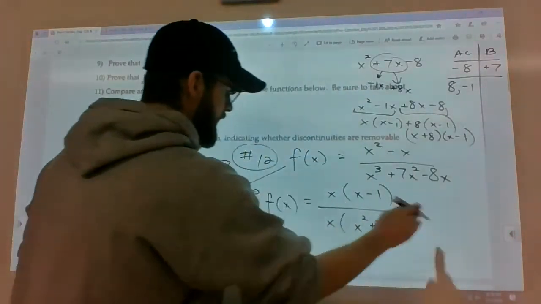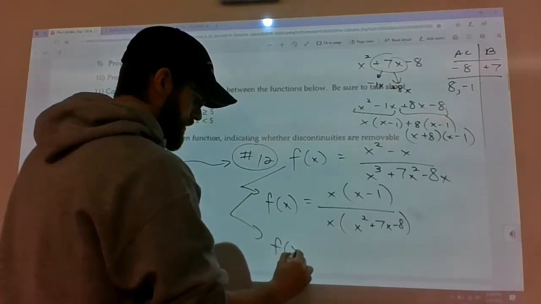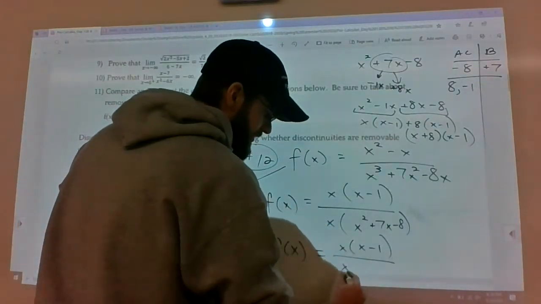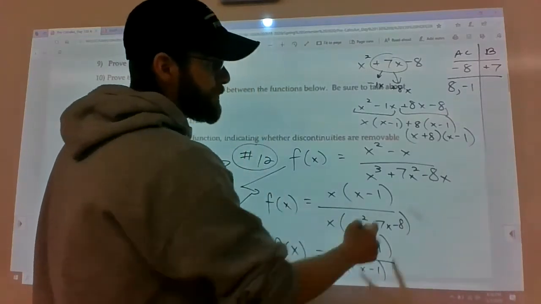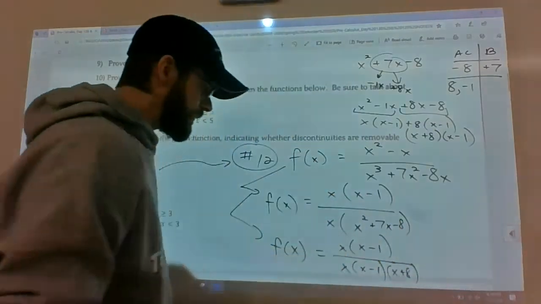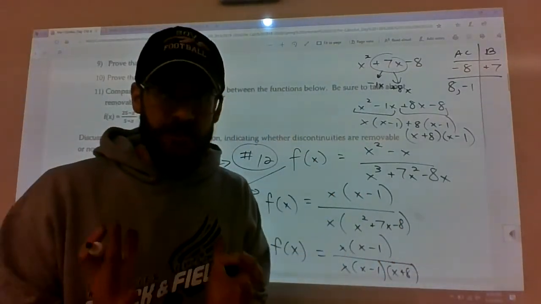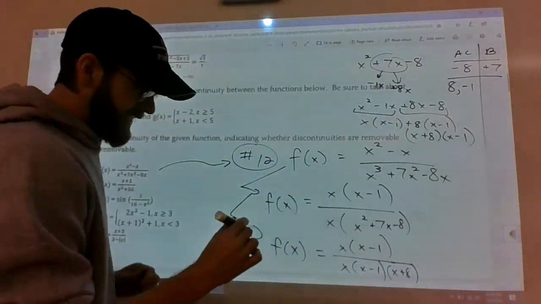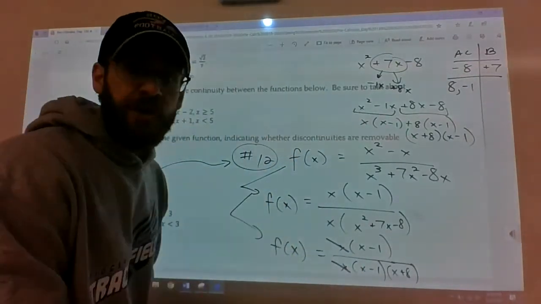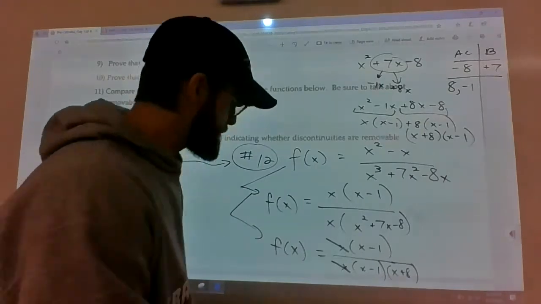So then you get x times x minus 1 over x times x minus 1 times x plus 8. Which reveals to us the factor of x equals 0 cancels out.